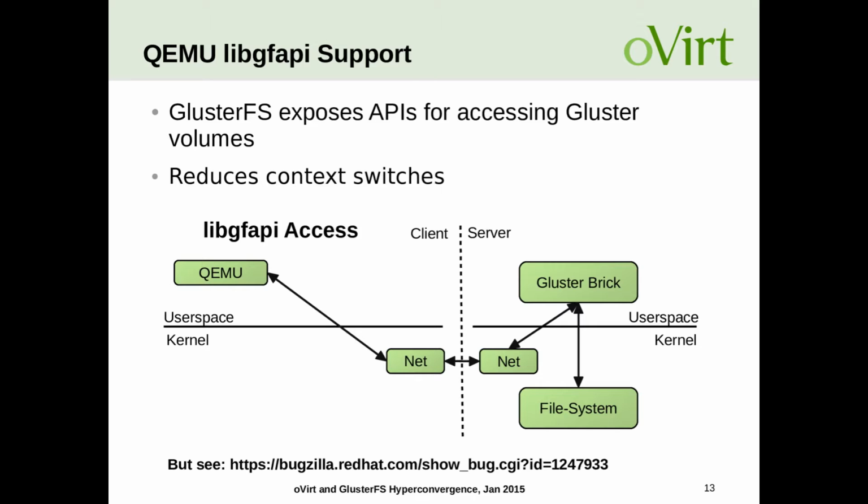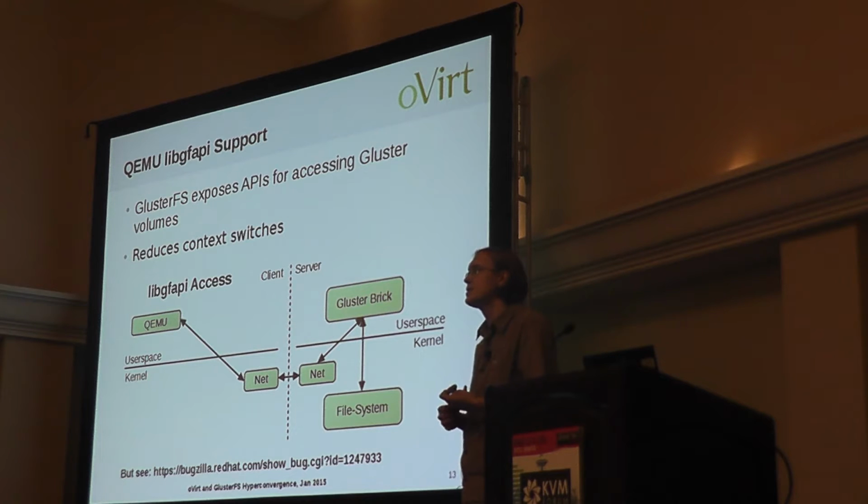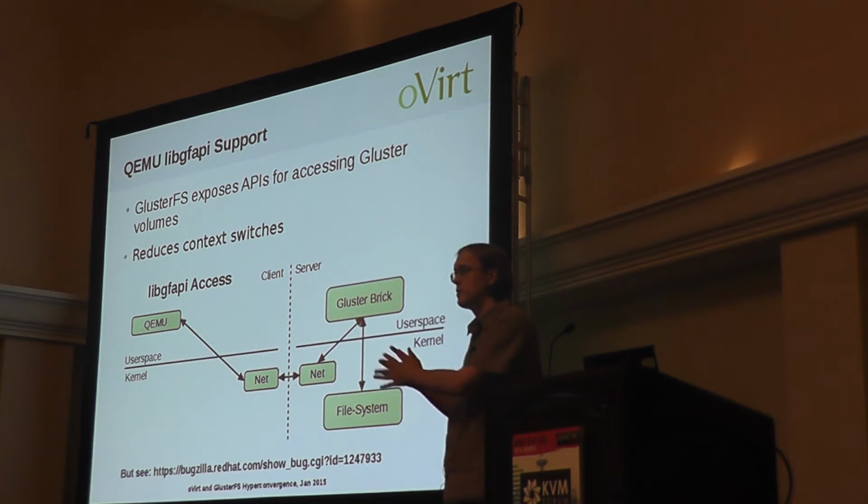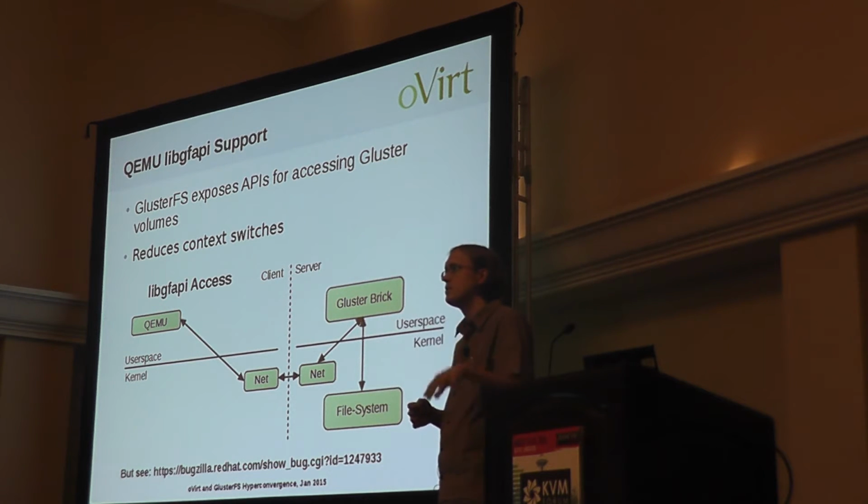Fortunately, we asked the Gluster people, and they helped us, and they probably wanted this anyway. So we have libgfapi support now. Hosted Engine uses the direct approach. QEMU talks to the network directly, and it talks to the Gluster counterpart on the destination host without doing all the Fuse and kernel magic on the source host.